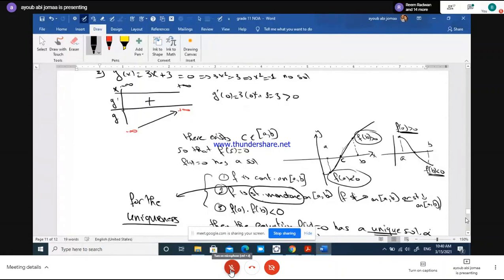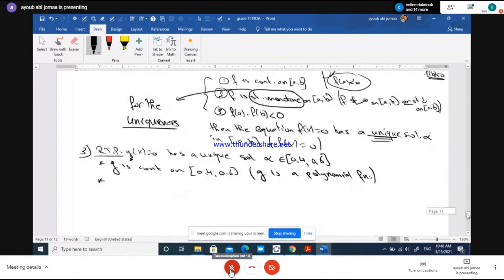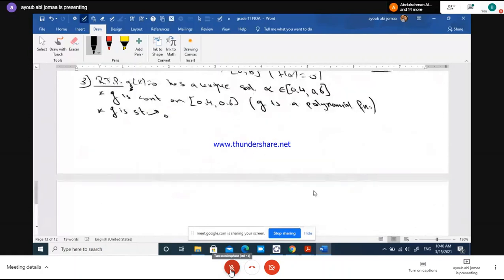So in particular, between 0.4 and 0.6 it is strictly increasing. Okay, so this is from the table of variations. So here I can write G is strictly increasing on negative infinity, positive infinity.